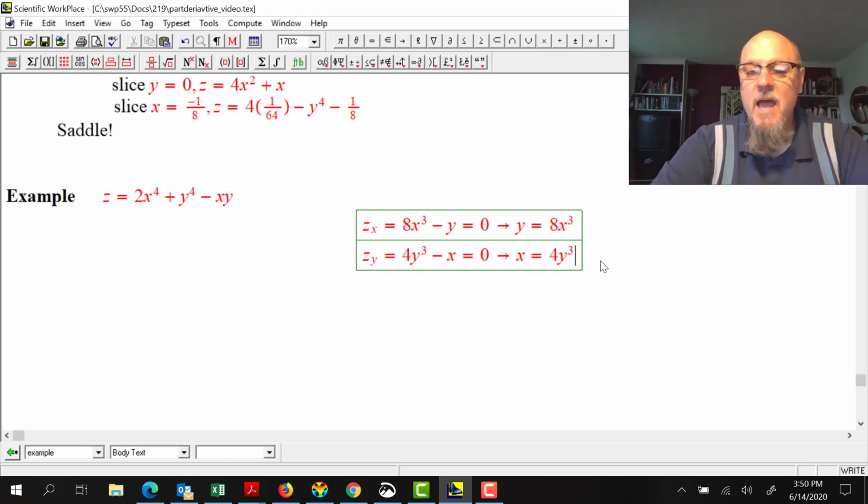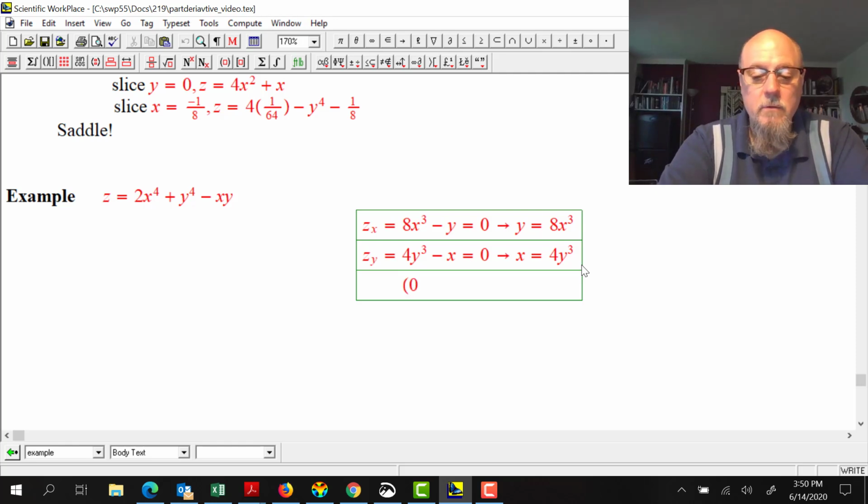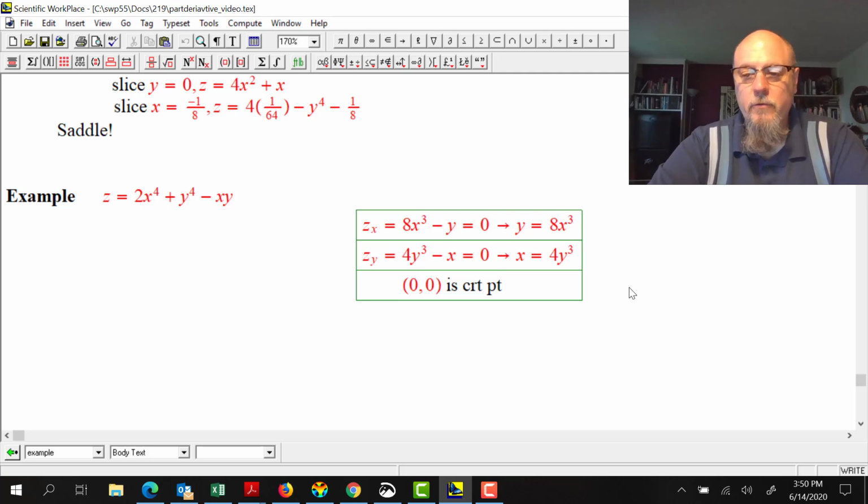By inspection, I can see that 0, 0 solves this, that 0, 0 is a critical point. So I'm just going to write that down. 0, 0 is a critical point. It solves this equation. Are there any other critical points? Let's see.